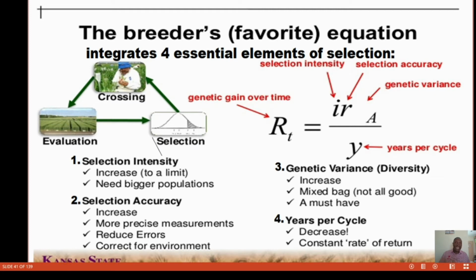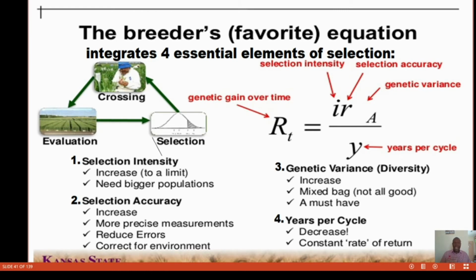We have the genetic gain over time, which is a response to selection. Later on, we'll distinguish the difference between a genetic gain and a response to selection, because there is a difference of some sort between the two. Then we have that formula: the selection intensity, the selection accuracy, the genetic variance, which is the A, and then over the years per cycle. And a cycle is a complete generation.